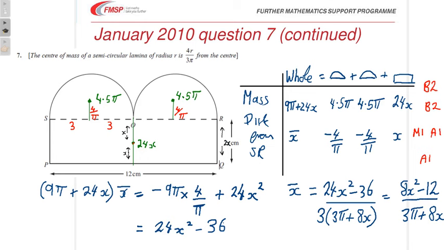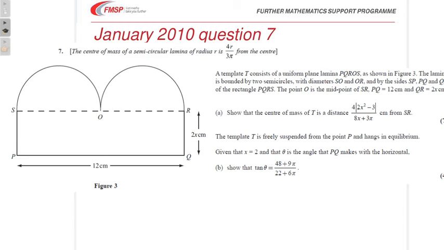Just to prove to you, I'm going back to the previous page to save you doing it. So here's the answer they wanted. 4 times the modulus is only in there because they're asking to show that the distance is that much. Now the distance would be positive.